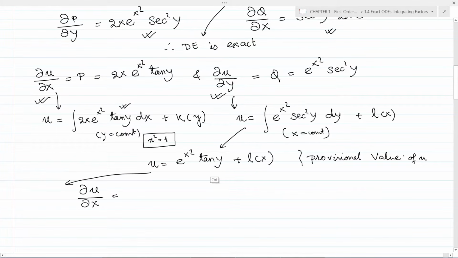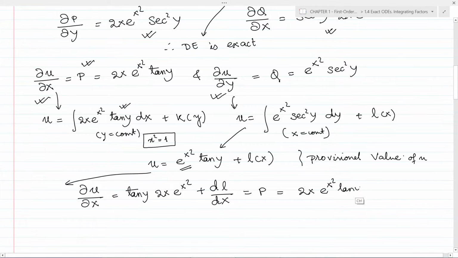For that, y will be considered as a constant, so this will be tan y times derivative of e to the power x square, which is 2x e to the power x square, plus partial differentiation of L with respect to x, which will be equal to normal differentiation of L with respect to x, because L is a function of x only, and we know that this del u by del x equal to P. So this is equal to P, which is equal to 2x e to the power x square tan y.